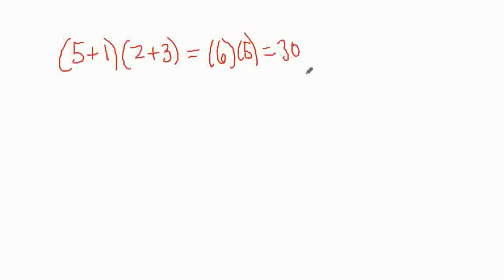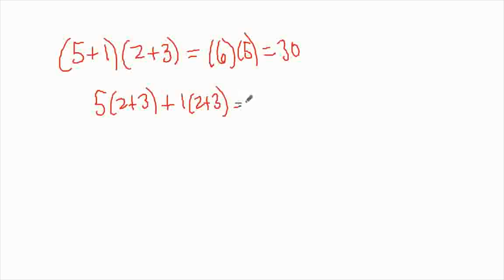Okay, now you can also do this. Just like before when we had a single term, a number or an expression that didn't involve addition on the outside, you can think of it as 2 versions of those. So you can think of it as the 5 in front of the second parenthesis plus the 1 in front of the second parenthesis.